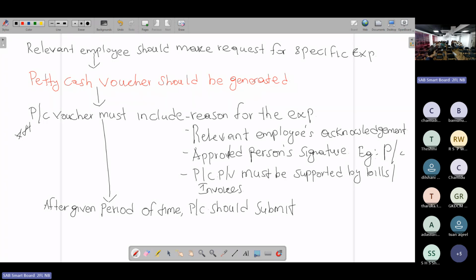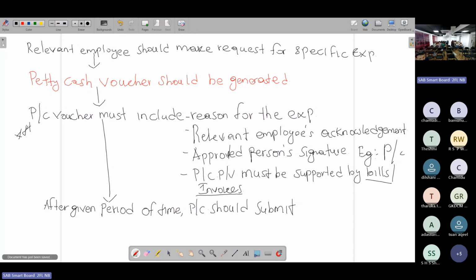So here we have taken 8,000, and he has spent 8,000. He must submit petty cash payment vouchers along with bills. This is the most important thing. Along with invoices and bills, he has to get that 8,000 from the accountant for next month.